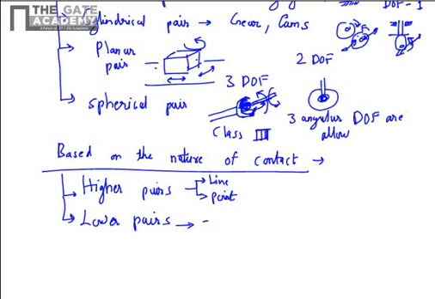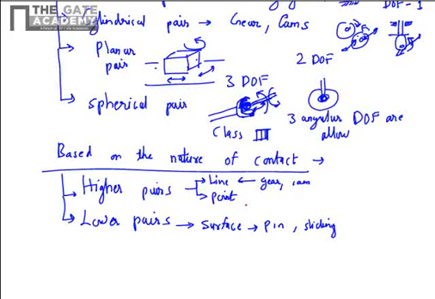And the lower pair is the one where we have a surface contact. So the pin joint, the sliding joint, all of these are lower pairs. And the gear and cam have line contact and they are higher pairs.